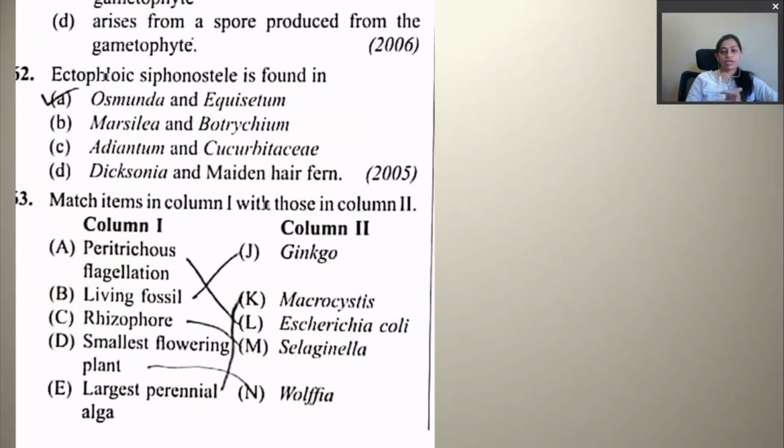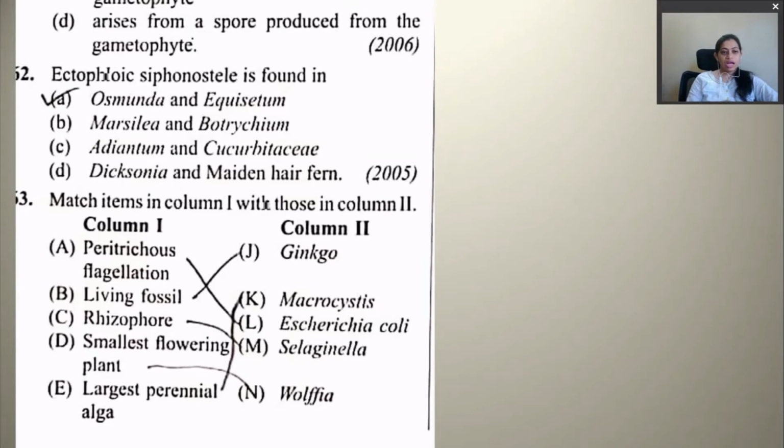Okay, so we can answer this type of question when we finish the chapter anatomy of plants, right? So it will be easy for you when you know what is stele or what is siphonostele, etc. So the right option is Osmunda and Equisetum. I will not talk much about it, because when we complete this chapter, we can easily answer this question. Next, match items in column 1 with those in column 2.